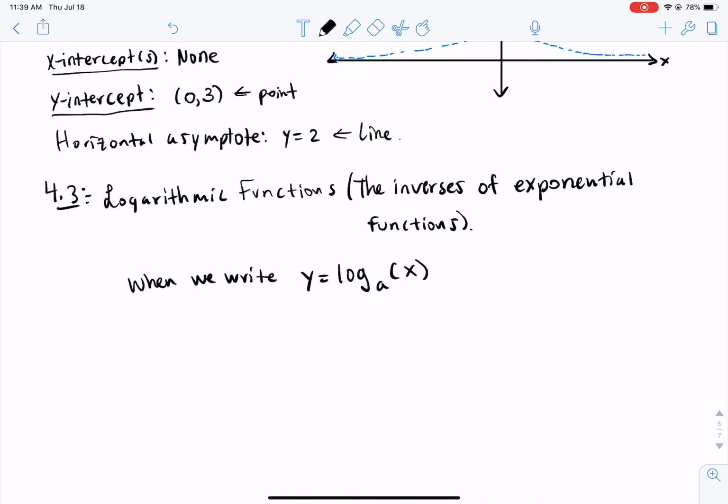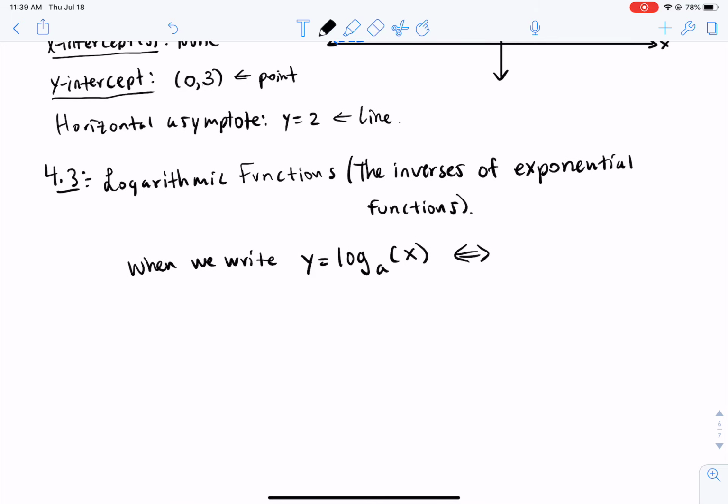This is equivalent to an exponential form. And the exponential form for this one will be a to the y equals x, like that. So it's like switching the y and x and ignoring the log, right? Yeah. So a to the y equals x.